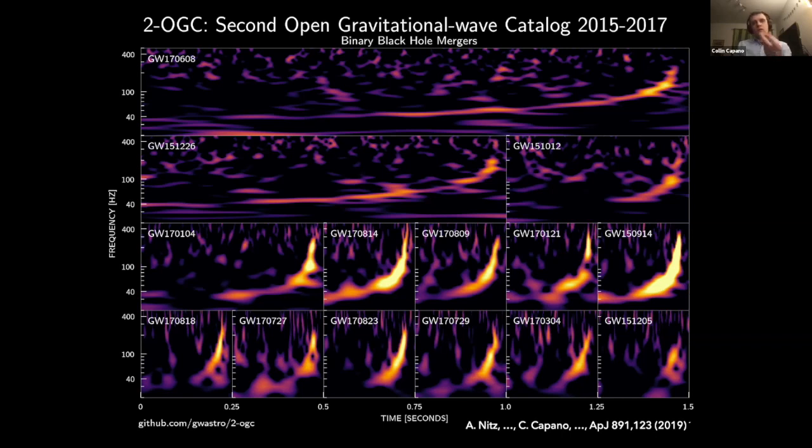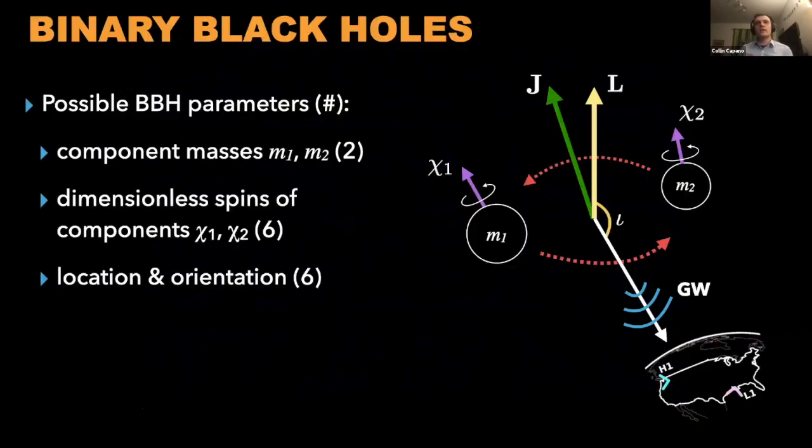So these are, like I said, all binary black hole detections. And what sort of things can we do with that? Well, the first thing we need to ask is, what sort of parameters can we measure with these gravitational waves? So if you have a binary, again, you've got these two stars going around each other. Each of the, in this case, black holes, each have their own mass, M1 and M2. So that's two things you can measure.